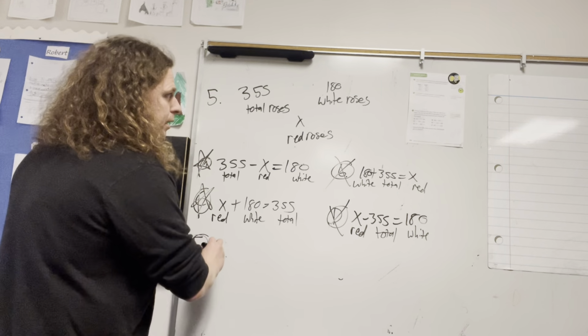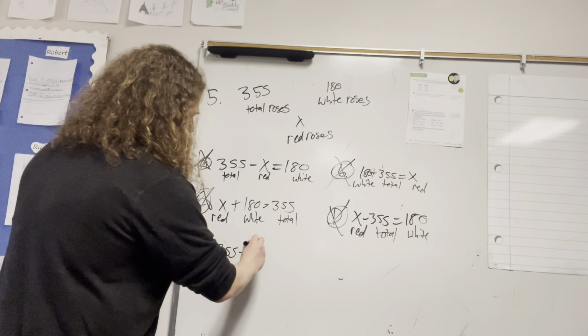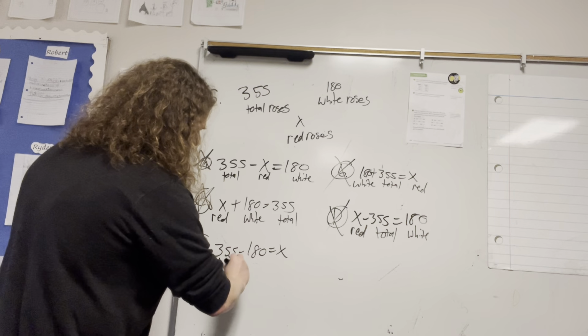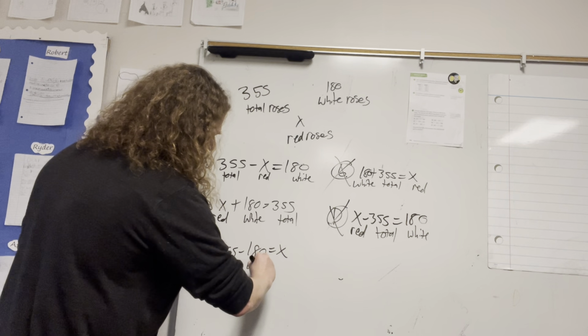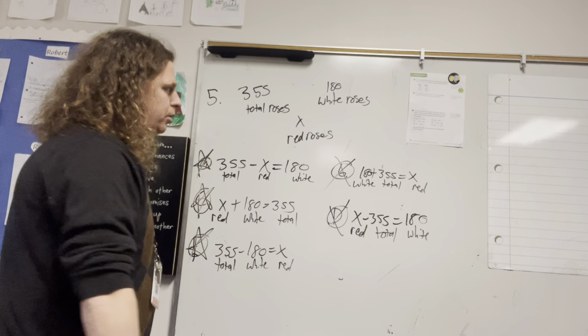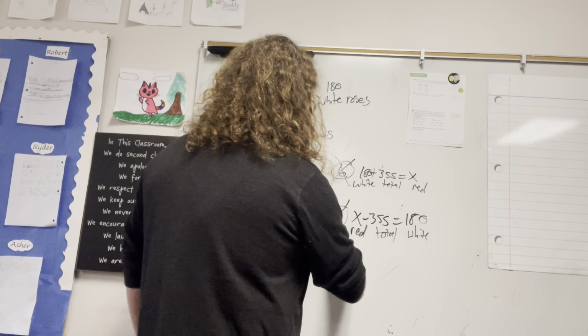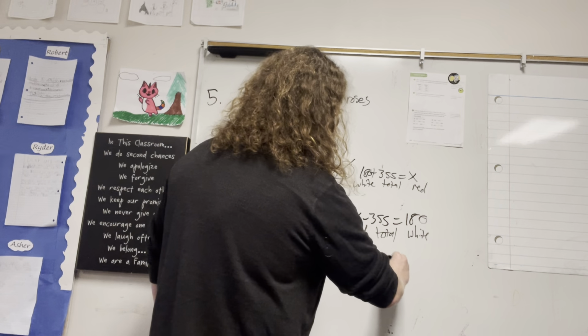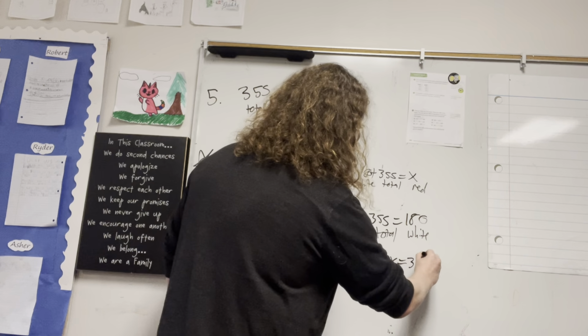E says 355 minus 180 equals X. That makes sense. The total number of roses minus the white roses equals the red roses. E is good. F, 180 plus X equals 355.